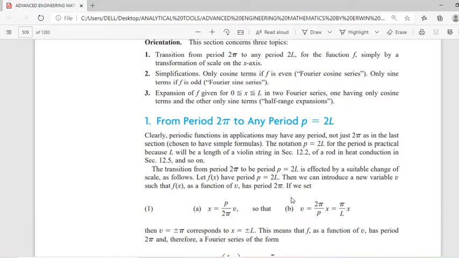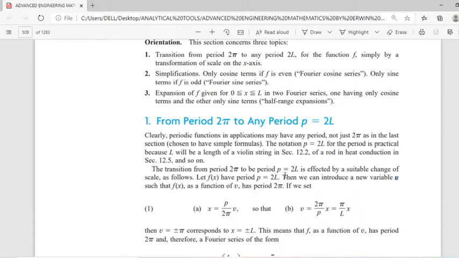From now onwards we will consider the period p equal to 2l. So let us introduce a new variable v. Let x equal p by 2 pi into v, so that v equals 2 pi by p into x.